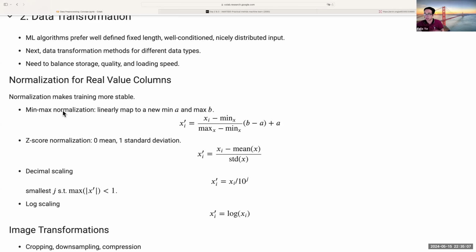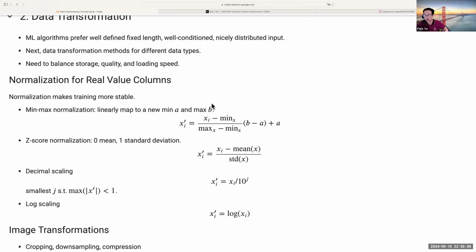That means I'm going to linearly map this data to the range from minimum A to maximum B. There are two possible popular choices of A and B. You can do -1 to 1, so A is -1 and B is 1, or A is 0 and B is 1. If you want to work with a neural network, a popular choice is A equal to -1, B equal to 1.